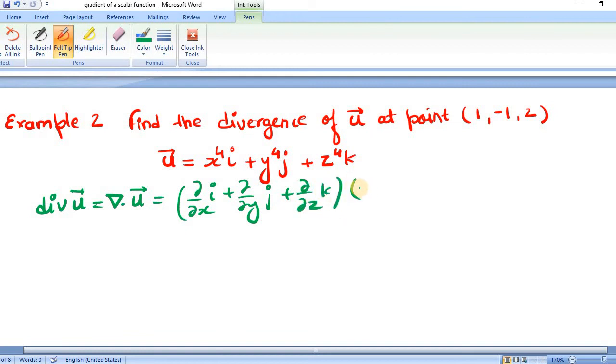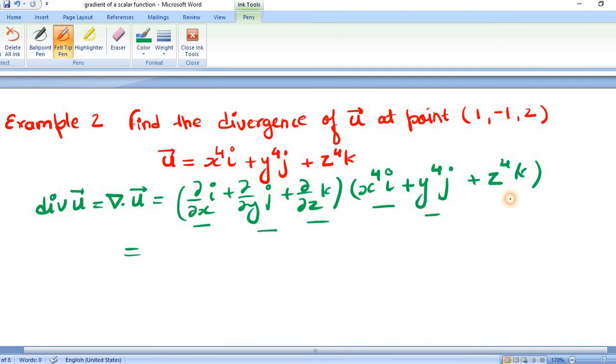This has to be producted with x to the power 4 i plus y to the power 4 j plus z to the power 4 k. Now we'll perform a dot product. I'll not write all these statements because we know that i dot i only will be here, and j dot j will remain here, and k dot k will remain here. That will be 1, and all the other products will be 0. So I'll only be using this one.